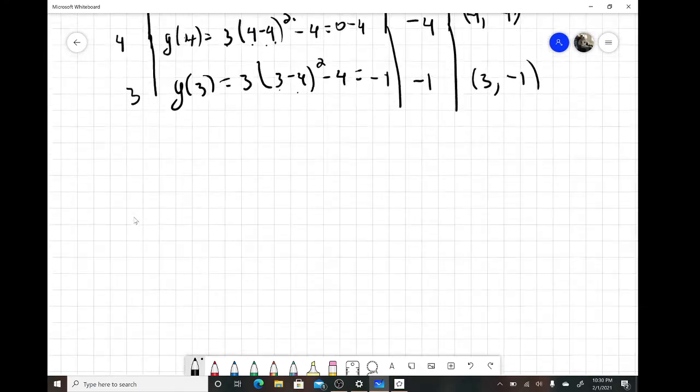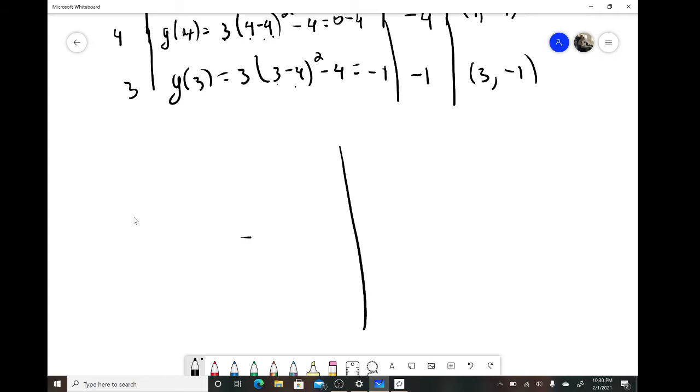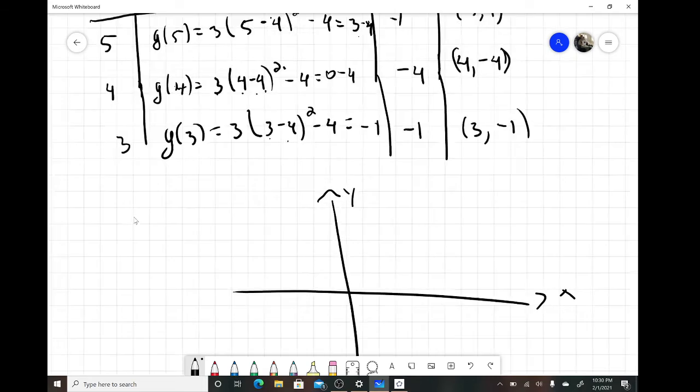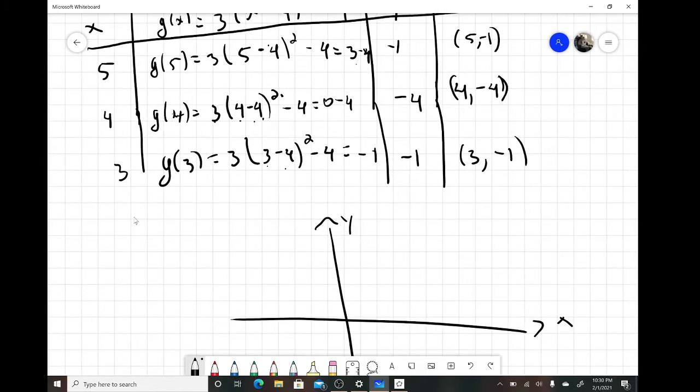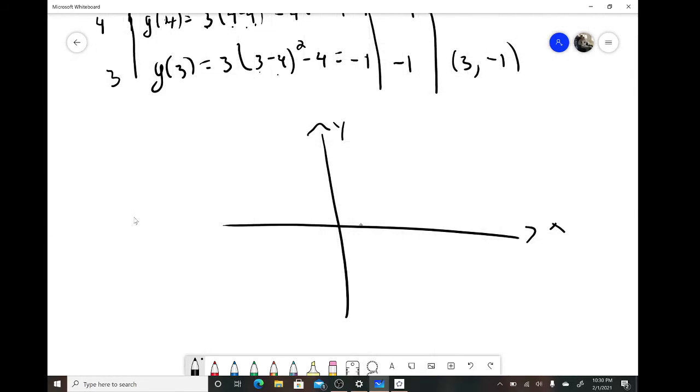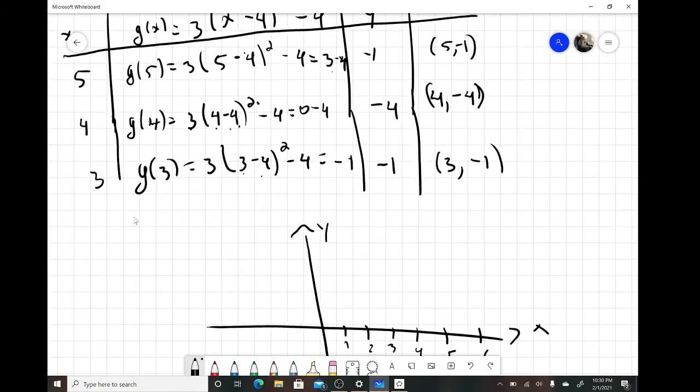Alright, cool. So now we could actually plot this. So once again, we make our quick Cartesian plane. I'm going to go up to 5, so I have 1, 2, 3, 4, 5. Go up to 6, so 1, 2, 3, 4, 5, and 6. Again, not up to scale.